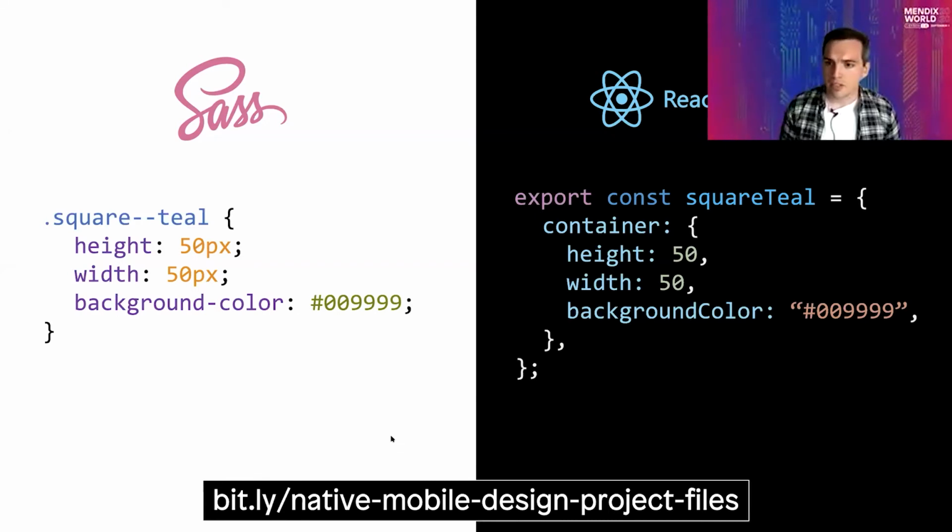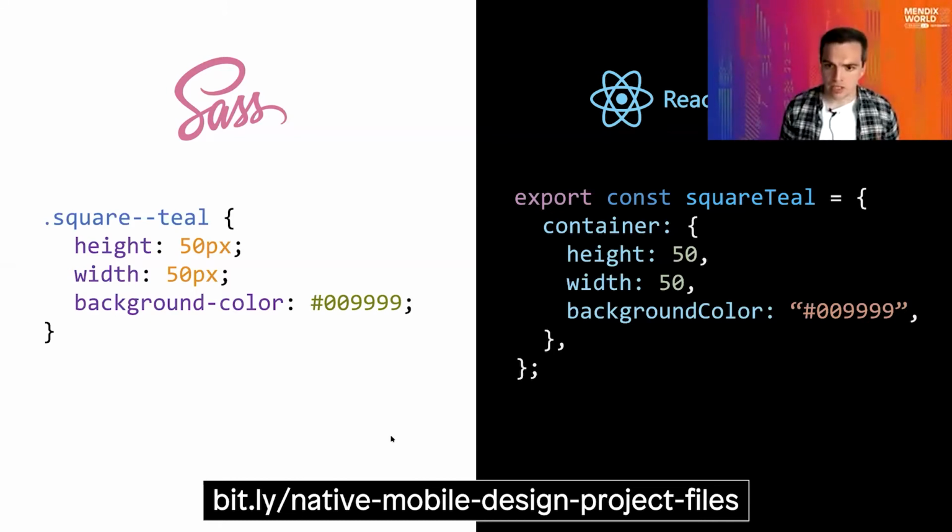The second thing you might notice is that for the height and width elements, we don't have any units. So everything in React Native is unitless. Everything works off density independent pixels. So iOS uses points, whereas Android uses DPI.